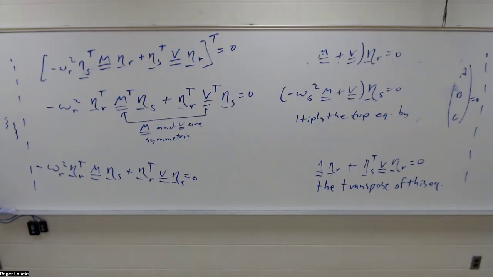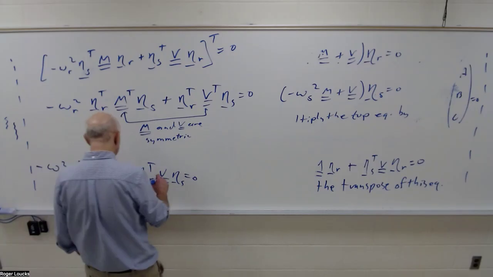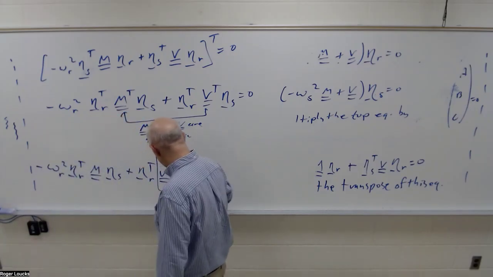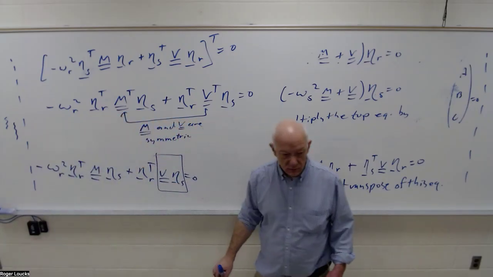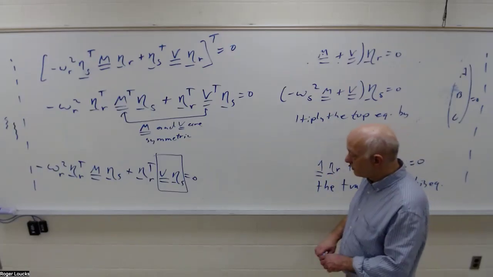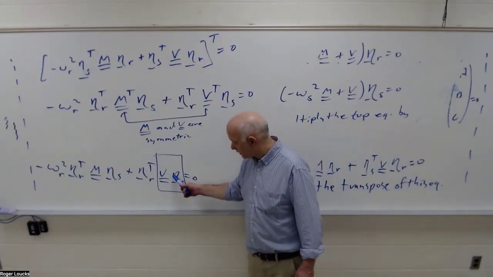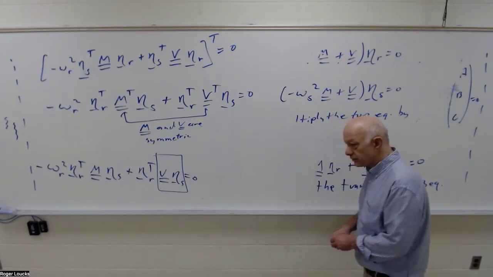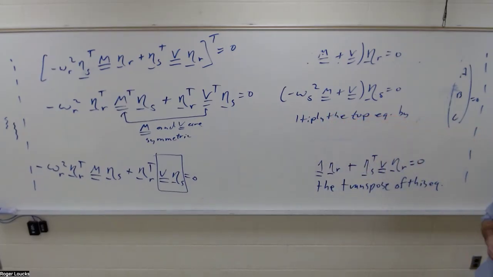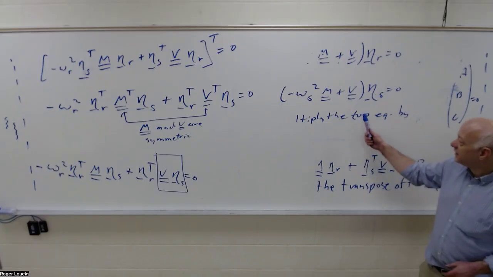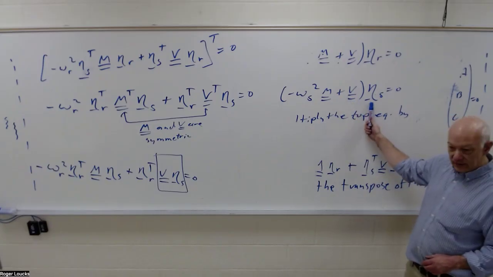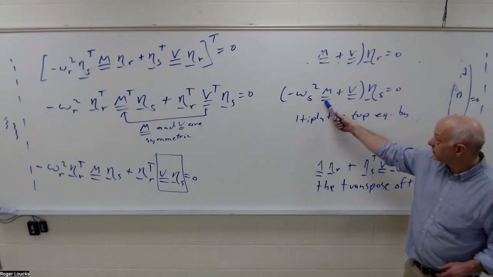That makes sense? Now, what do I know about this fellow right here? Does V double bar eta s equal anything? Yes, it does. What does it equal? I can take this to the other side.